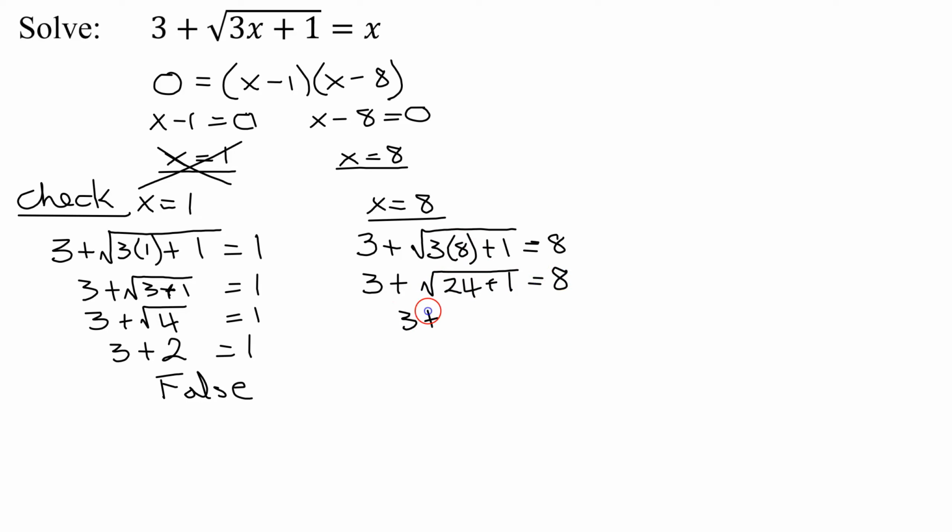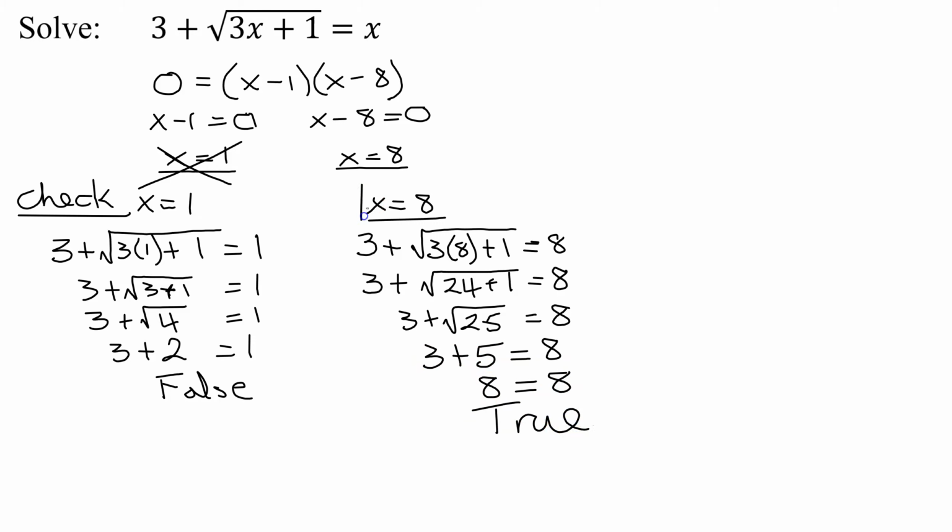So I get 3 plus the square root of 25. What's the square root of 25? 5. Should equal 8. 3 plus 5 is 8. Does 8 equal 8? That is a true statement. Therefore, the solution to this problem is x equals 8.